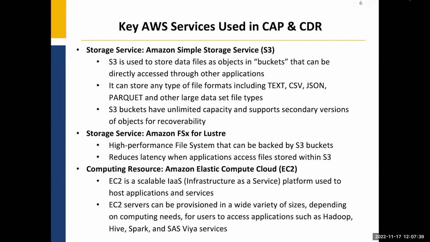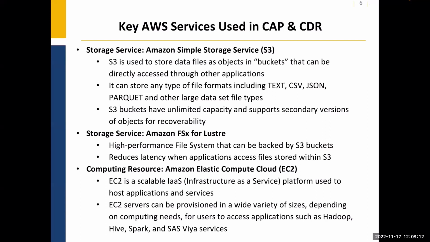And it can store any type of file formats including text, CSV, JSON, Parquet, and any other large data set file types as well. The advantage of using S3 buckets is that it provides us unlimited capacity and also supports other features such as secondary versioning of objects for recoverability and server-side encryption capabilities as well.